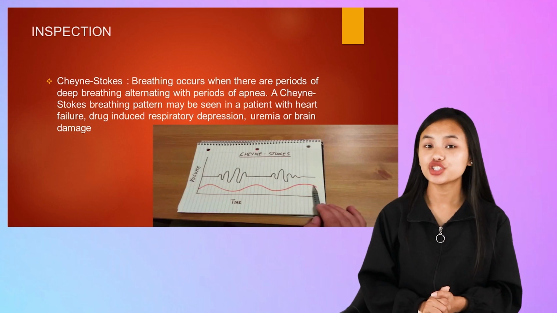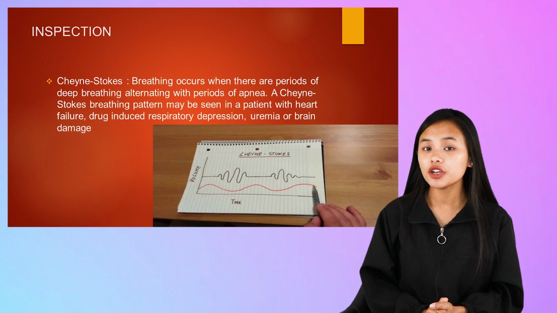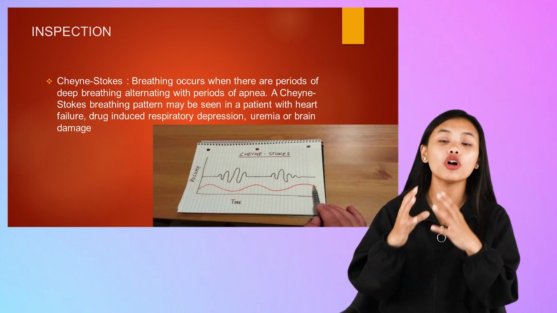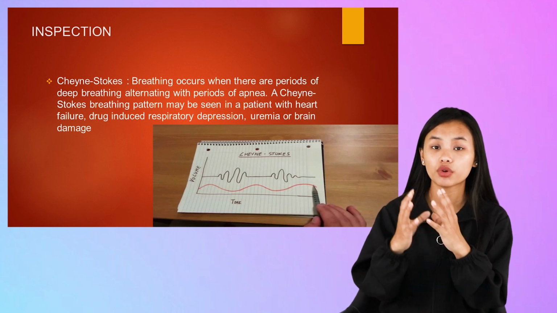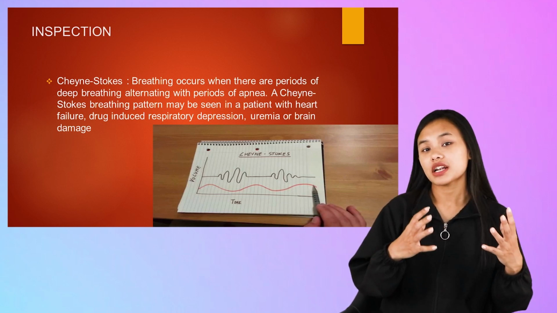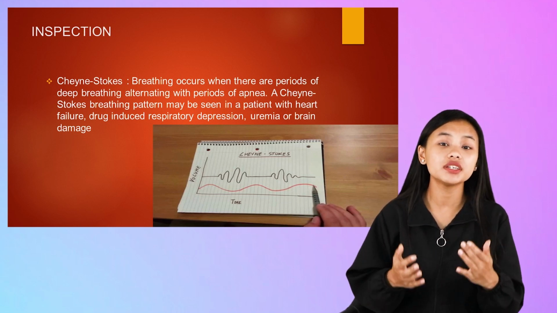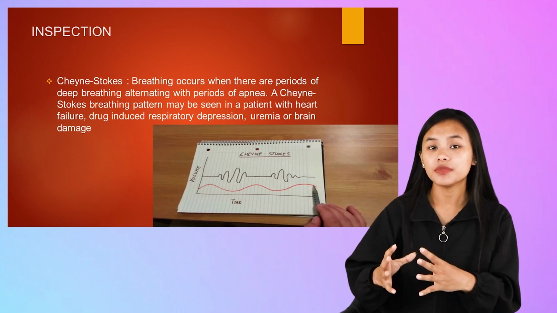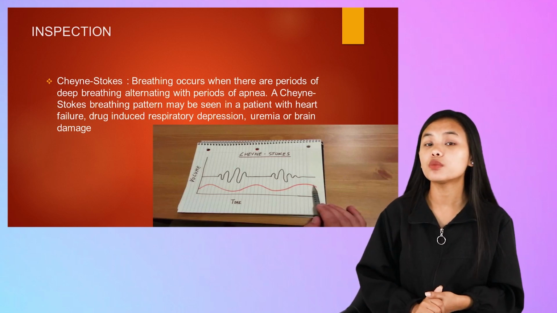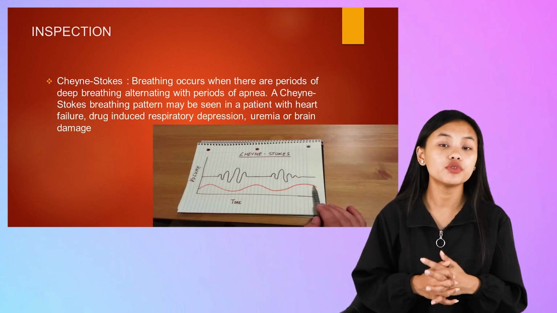The next one is Cheyne-Stokes respiration. Here, when there are periods of deep breathing alternating with periods of apnea, then it can be termed as Cheyne-Stokes respiration. So whenever the client is breathing and has to take deep breaths followed by periods of apnea, that is absence of breathing, then we can term that client as having Cheyne-Stokes breathing.